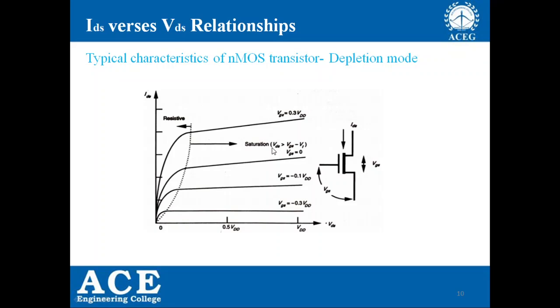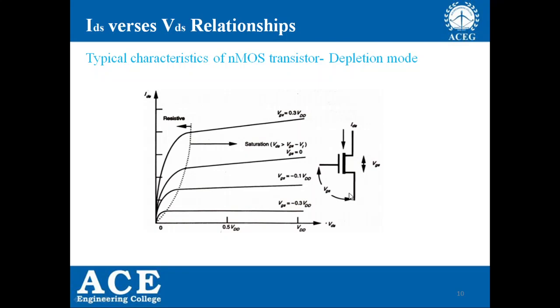As we see here, the saturation region starts at VDS equal to VGS minus VT and continues for VDS greater than VGS minus VT. And here you can observe VGS, which is connected between gate and source, and VDS, which is connected between drain and source, and the current IDS, which flows from drain to source.